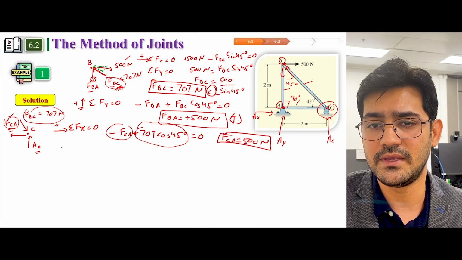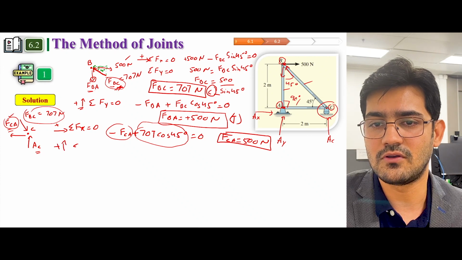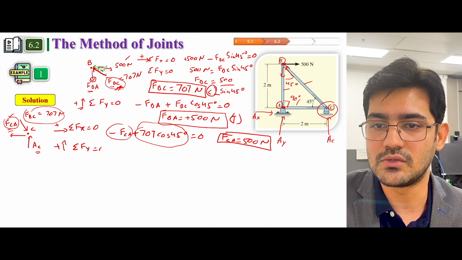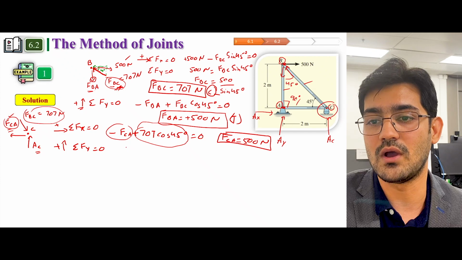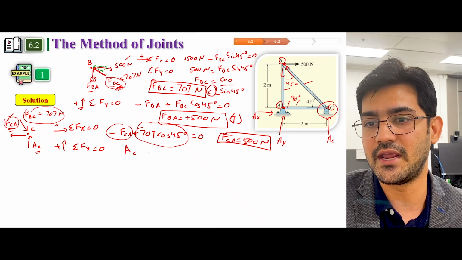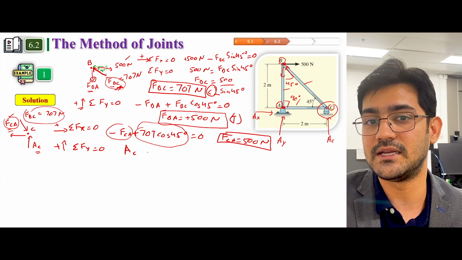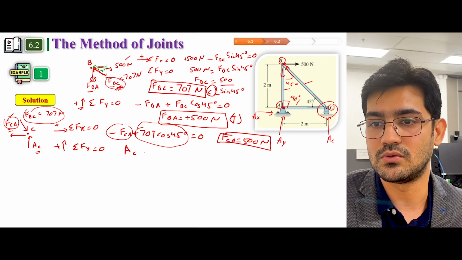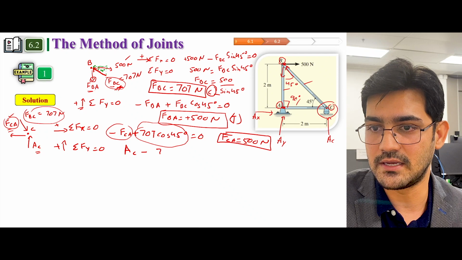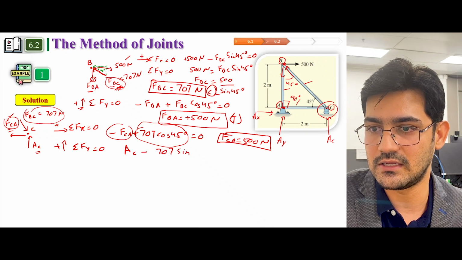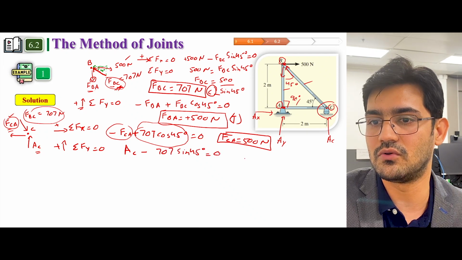Now second would be summation of F of y is equal to 0. So how many forces are acting on y? One is AC, which is the reaction, and another one is F of BC, but it's directed downwards. So we're going to put a minus sign. So minus 707 sine of 45 degrees equal to 0.